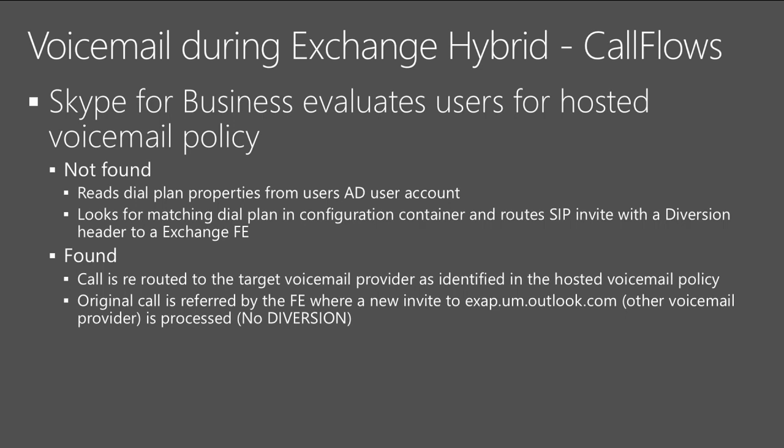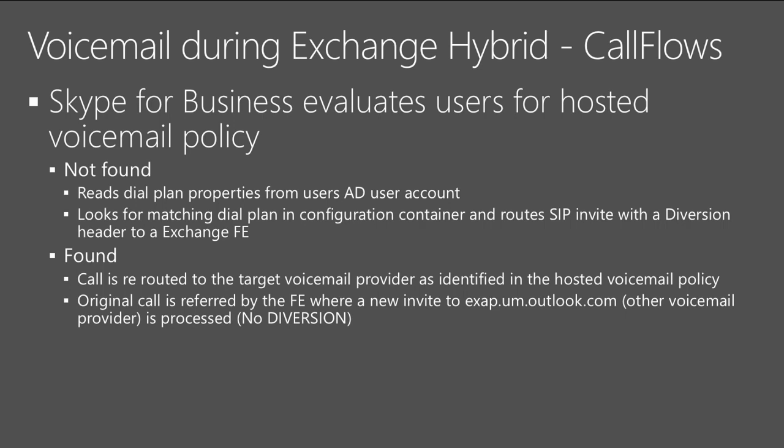If there is a hosted voicemail policy found on the user account in Skype for Business, and that user is enabled for hosted voicemail, that's what he does. He just says, okay, what's the endpoint associated with that particular policy? Remember, we put the FQDN exap.um.outlook.com on the hosted voicemail.